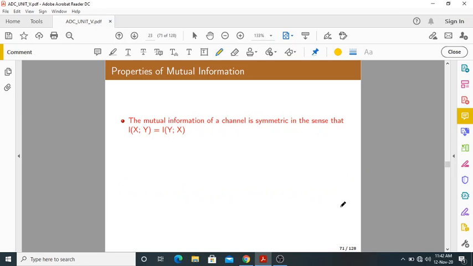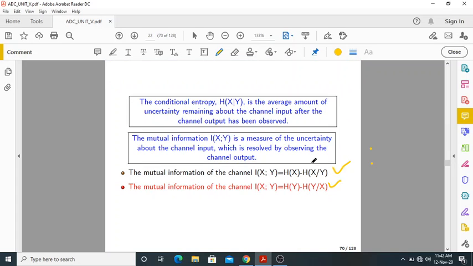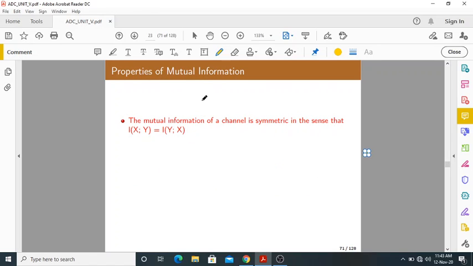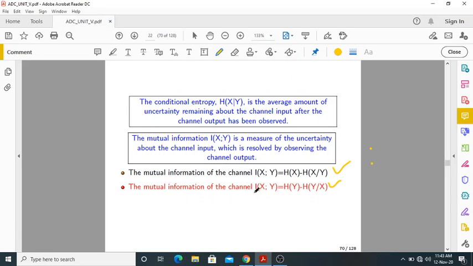Now, I use this formula or this formula to find out the mutual information between capital X and capital Y. It simply indicates the common information that is shared between these two alphabets, capital X and capital Y. So these are some of the properties of mutual information. They are symmetric, which means X semicolon Y is the same as Y semicolon X. That is very much clear from this formula.